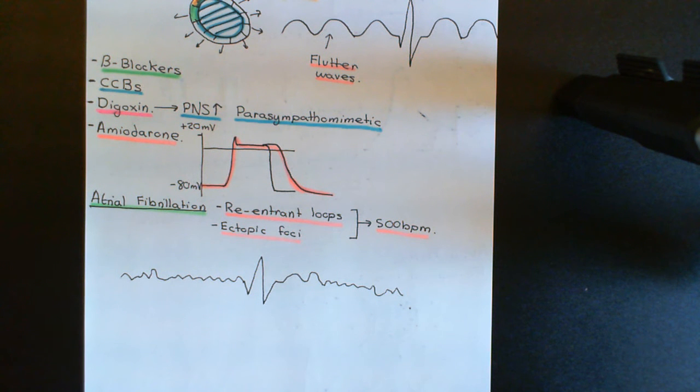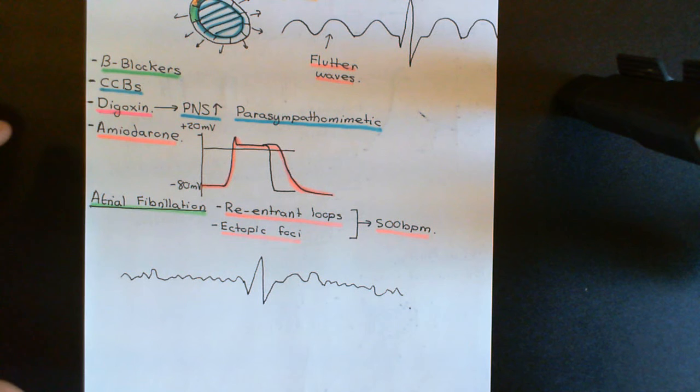Okay, yes, the atria are a lost cause, but let's make sure that the ventricles aren't contracting too regularly so that we still maintain a decent stroke volume and stay alive. Amiodarone, the aim of that will be to try and kill off some of these reentrant loops and therefore try and stabilize how many electrical signals are being produced in the atria.